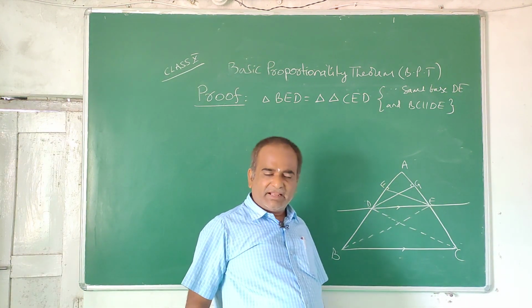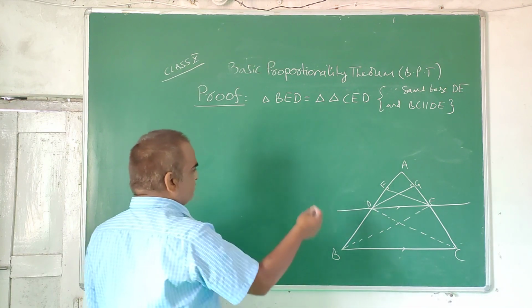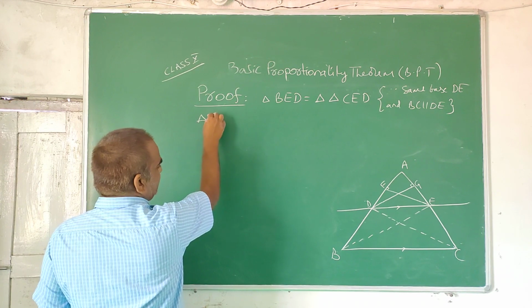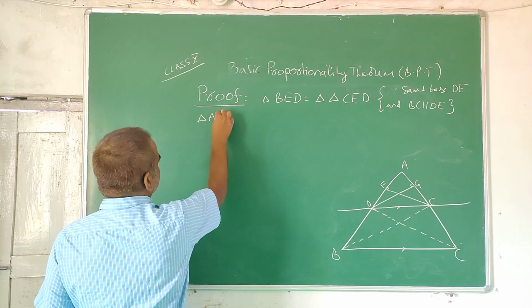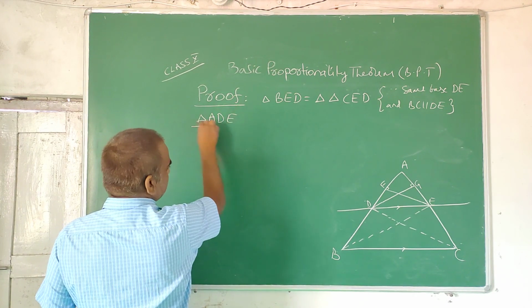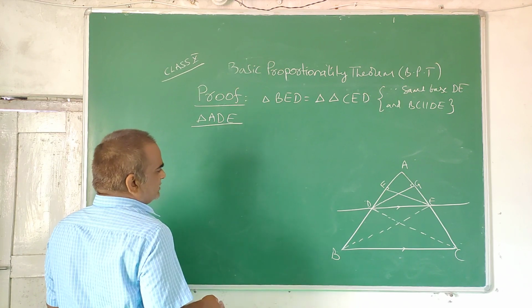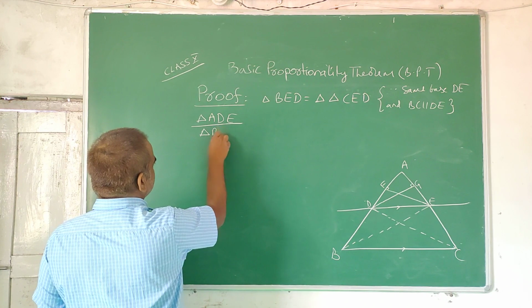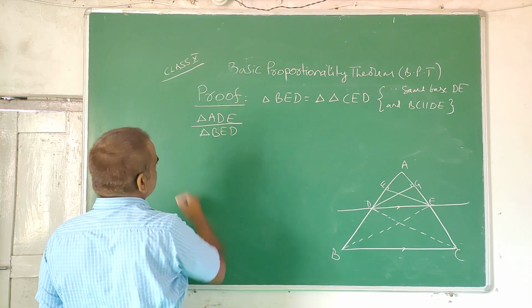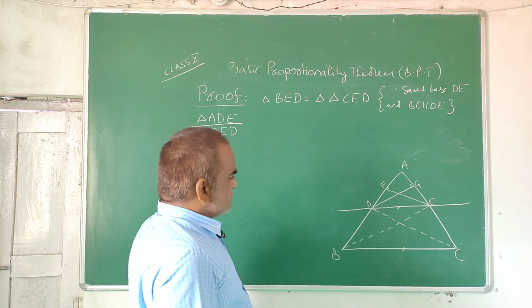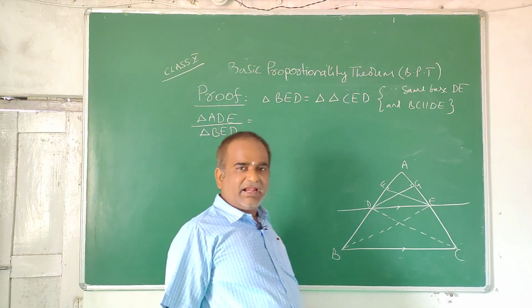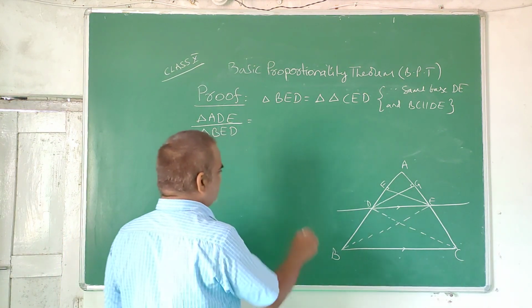Now keep that aside. Now you go for the ratio of areas of triangle ADE to triangle BED. You know the area of a triangle formula, half into base into height.